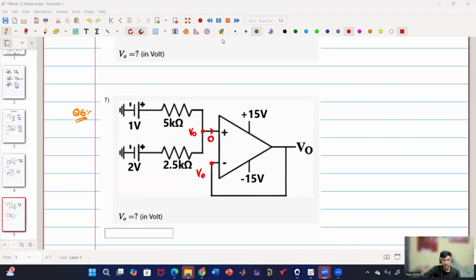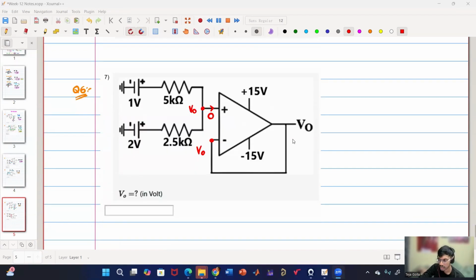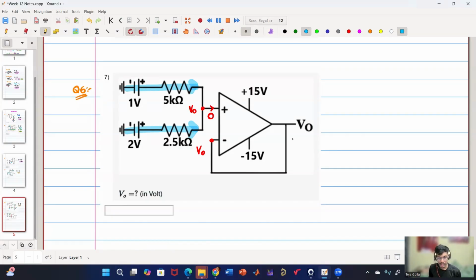Apply KCL and equate to 0. Yes, so Gyanendra says it. We'll apply KCL. So current entering equals current leaving, because we are applying KCL. Current leaving is 0. So what is the equation for current entering?